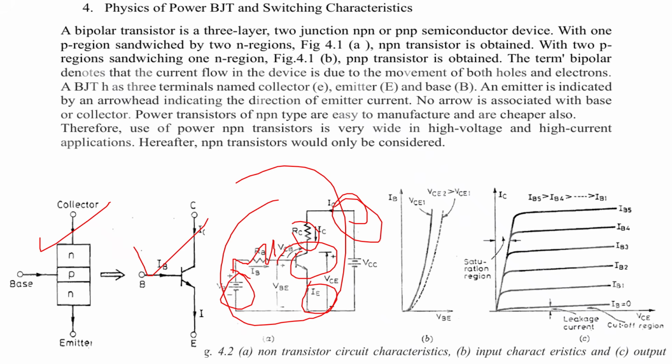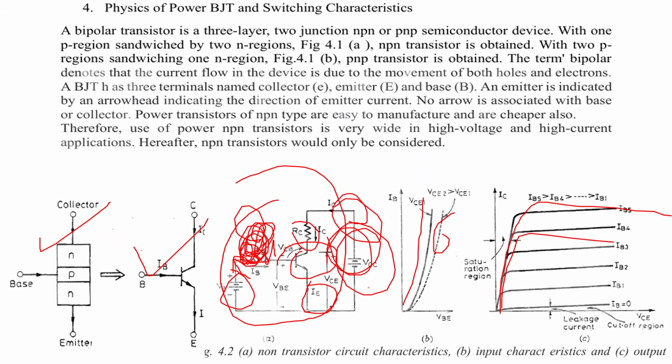This is your input characteristic, and here is the output characteristic. The output characteristic means whatever current you receive at this terminal, that is IC versus VCE. And the input characteristic means how much input current you give at the IB terminal, so what will be the IB corresponding to the VBE, right? That is the input characteristic.